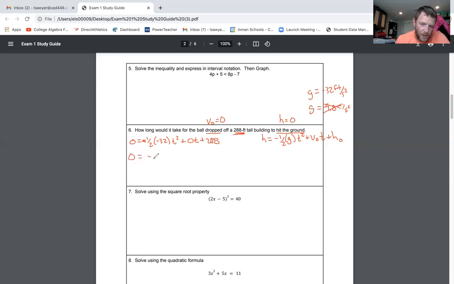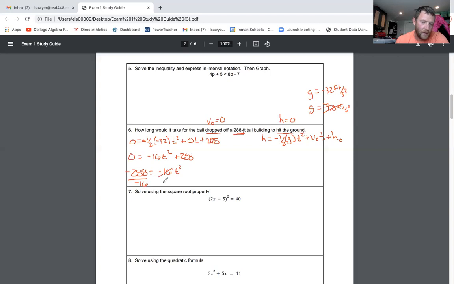So 0 is equal to negative 16 t squared plus 288. You're going to solve it by subtracting 288 over. So negative 288 is equal to negative 16 t squared. You're going to divide by negative 16.